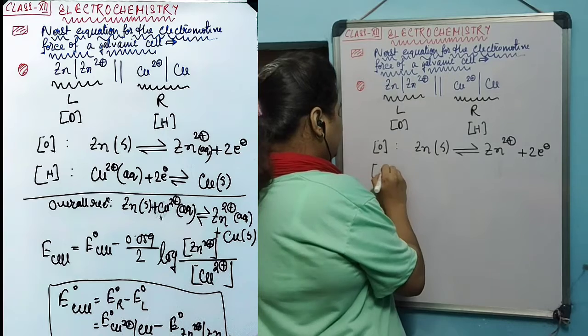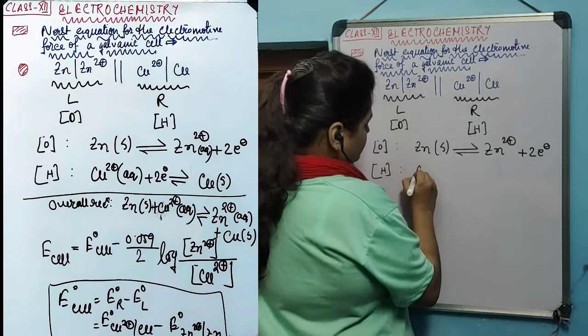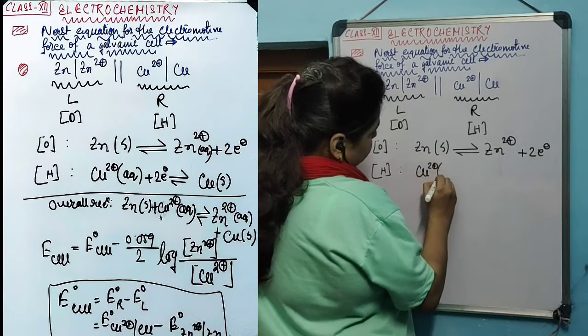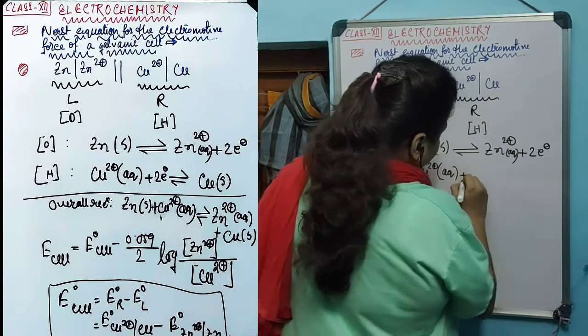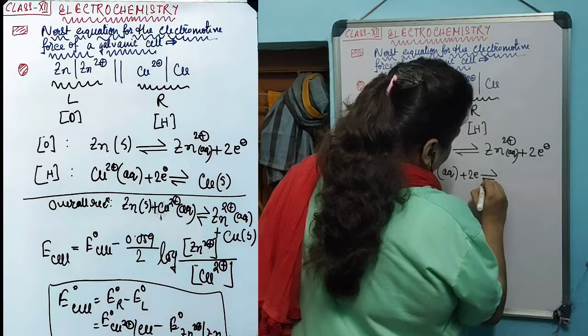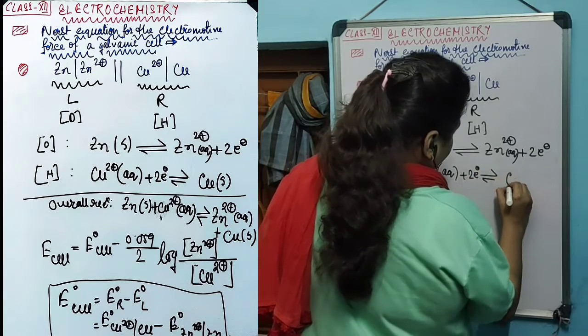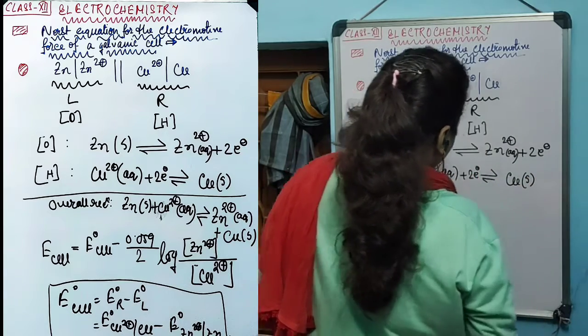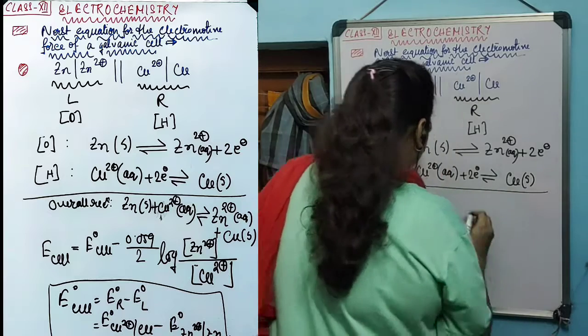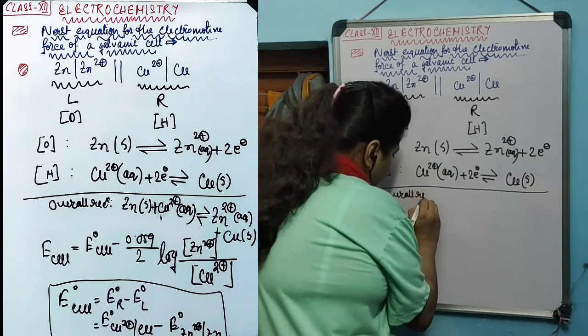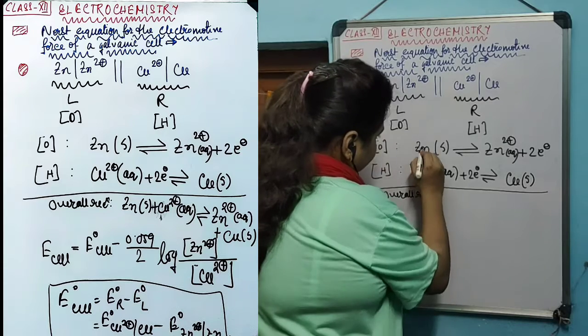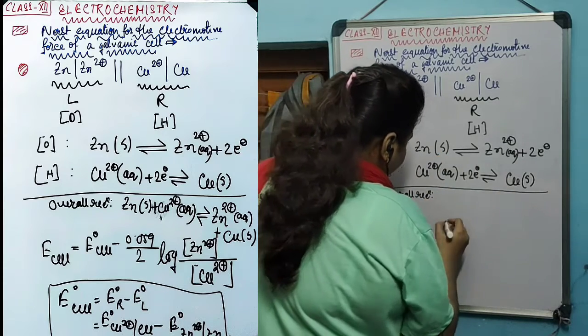And in the reduction half cell, copper 2 plus in aqueous medium, by gaining 2 electrons, is producing copper solid, and thus the overall reaction can be represented just by adding both sides.